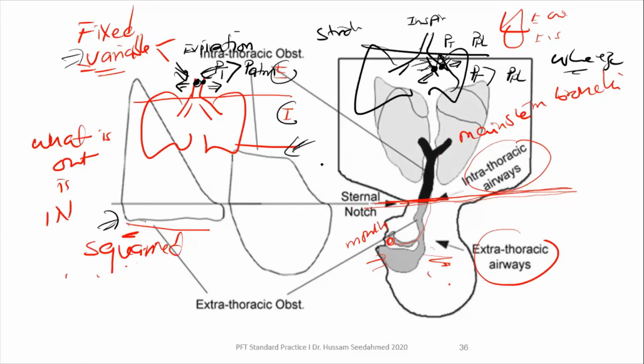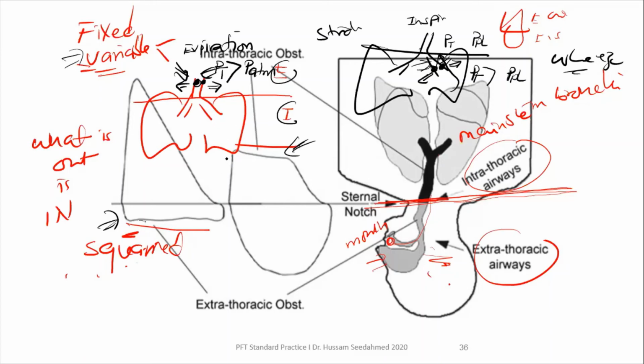The fixed one is easy, because it will affect both expiration and inspiration. For example, with tracheal stenosis I have flattening of both the inspiratory and expiratory curves. So I hope this will clarify a lot about the flow volume loop.